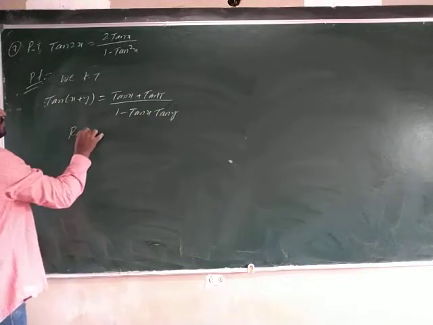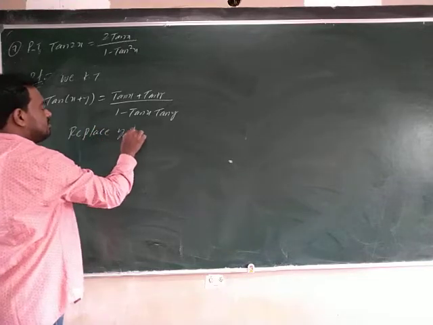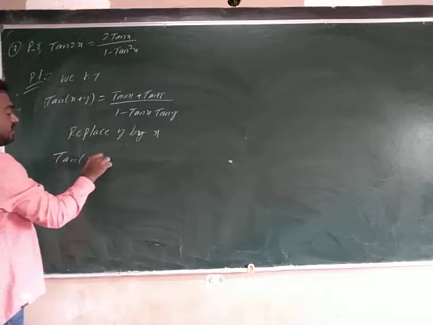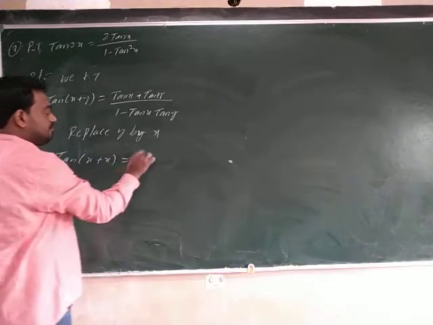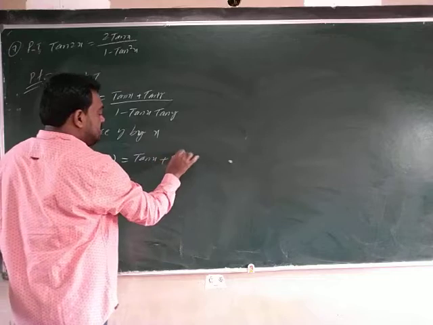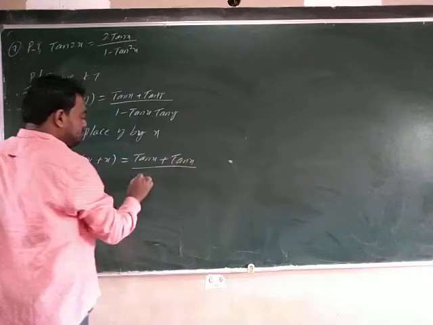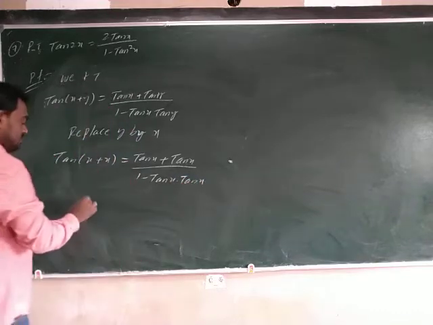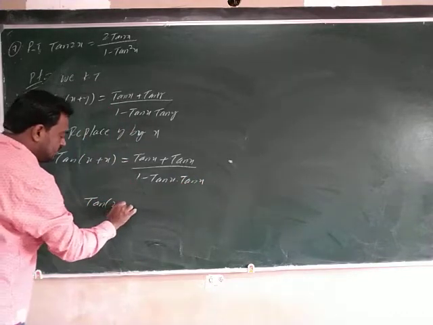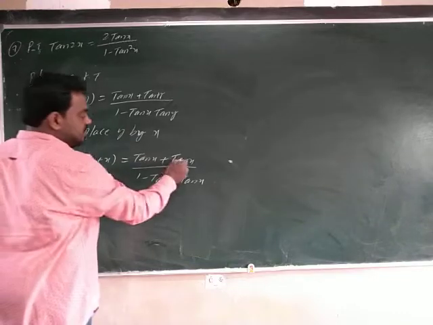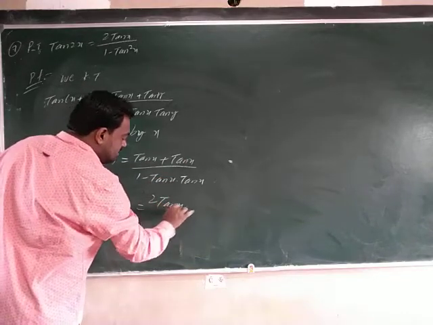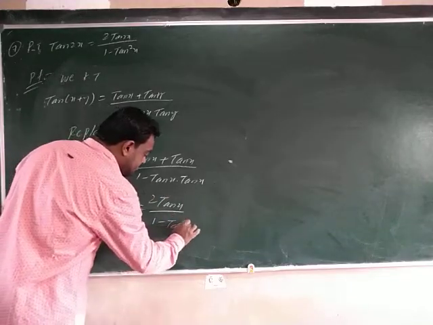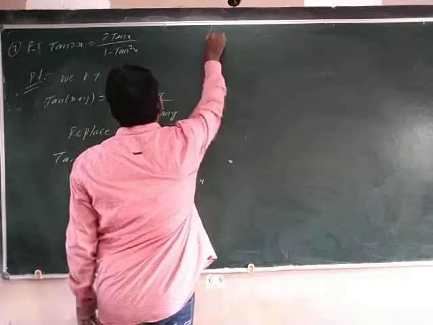Now replace y by x, then tan of x plus x is equal to tan x plus tan x by 1 minus tan x into tan x. Now tan of x plus x, 2x, is equal to tan x plus tan x, 2 tan x, by 1 minus tan x into tan x, tan square x. This is the proof.